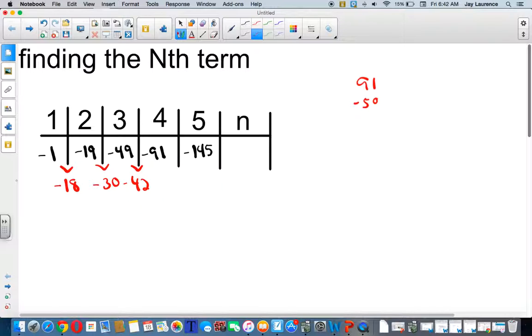Yeah, this is good. I can see what's happening already. Maybe you can't see it yet, but that's okay. And then I've got 145, and the difference between that and 91. So 145 minus 91, that's going to be 54. Yeah, I like this. This is shaping up nicely.